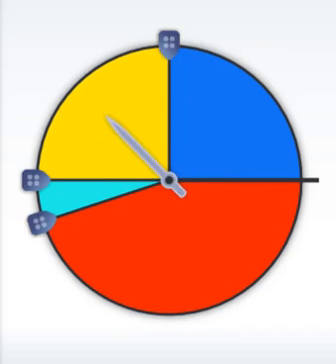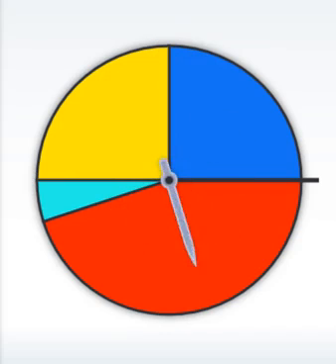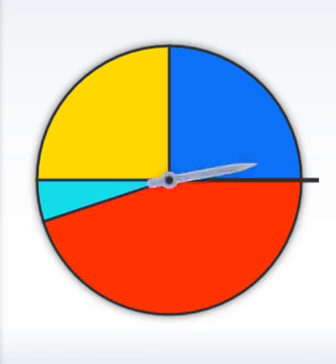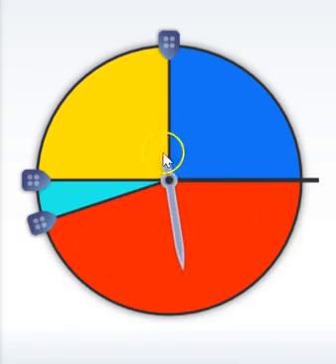Now, it's definitely not impossible that I spin a blue, a yellow, a light blue, or a red. But the more times I spin it, the more times I'm going to hit red because it's more likely. And at the least times I'm going to hit cyan or light blue because it's least likely. And one thing I could say about the blue and the yellow is that they're equally likely to be hit.